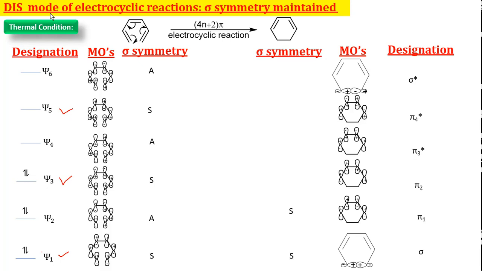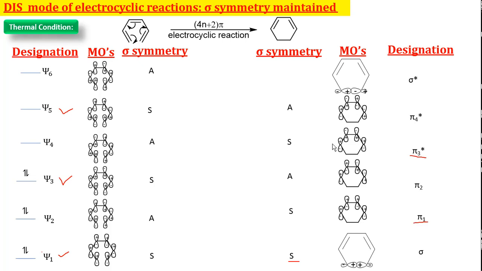I already told you the sigma bond is symmetric with respect to sigma as well as C2, and here also sigma symmetry is symmetric for odd numbered molecular orbitals. For even numbers, those are asymmetric. You see, odd numbers are symmetric, even numbers are asymmetric.